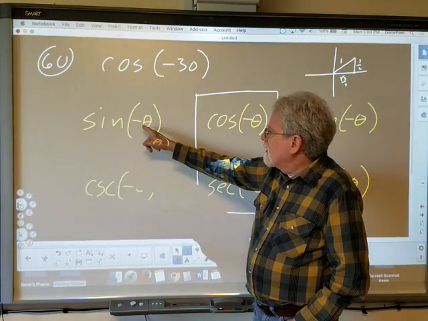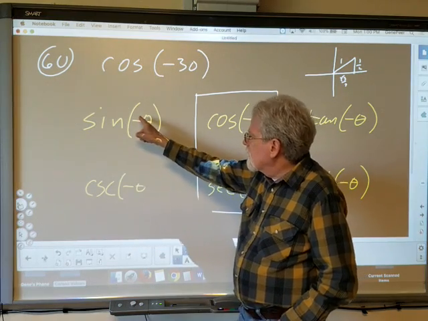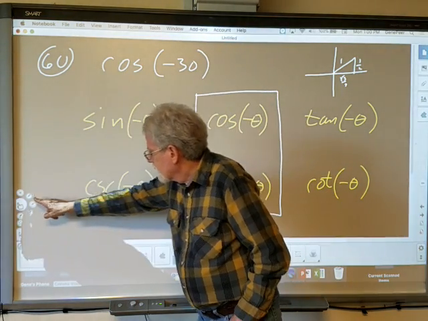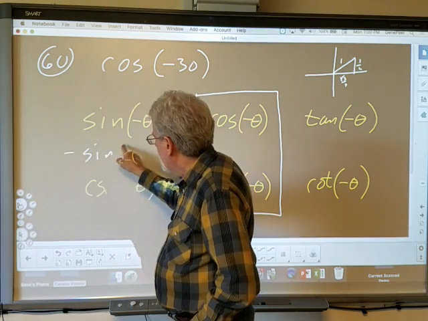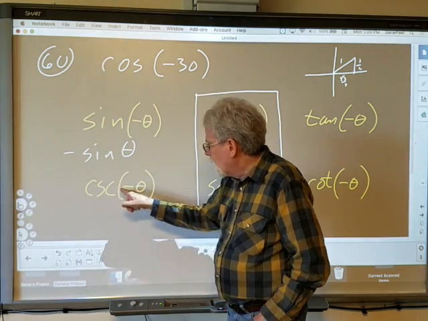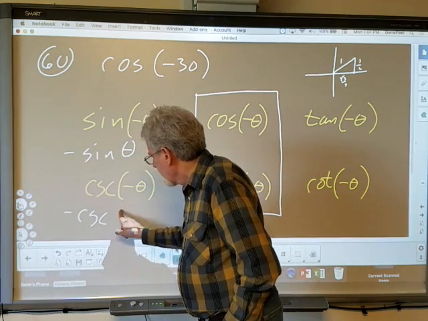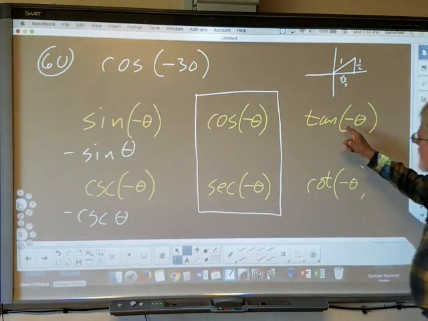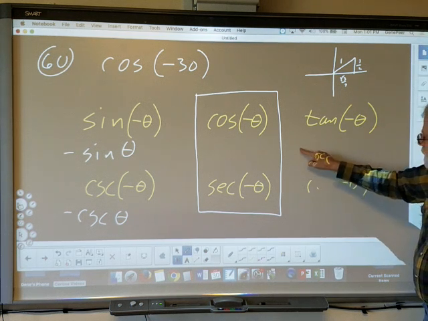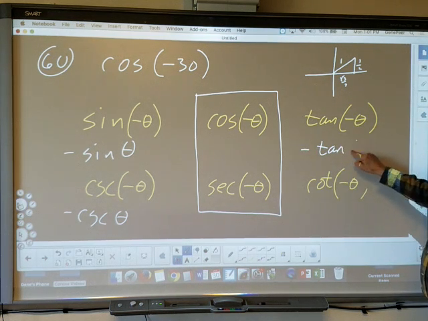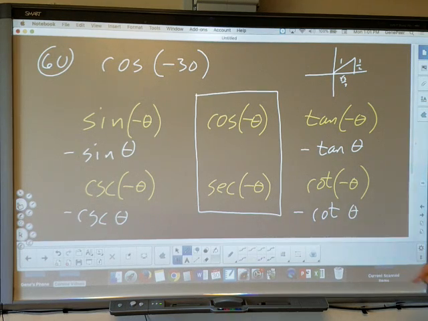Then if you've got sine of -theta, for both of these guys, you take the negative sign out and put it on the side, you get negative sine of theta. Likewise, negative cosecant theta. Same thing with tangent and cotangent. Just take the sign out, it becomes negative tangent of theta. And it becomes negative cotangent of theta.